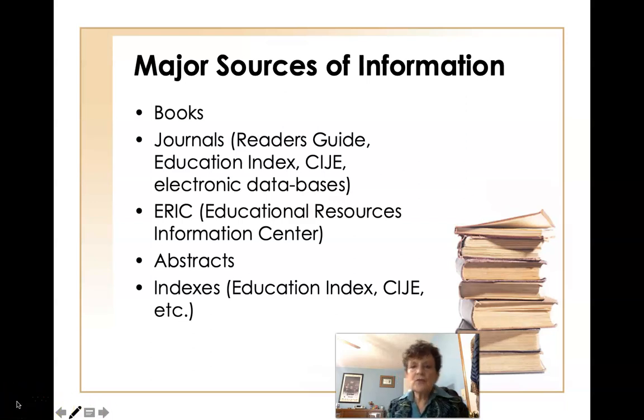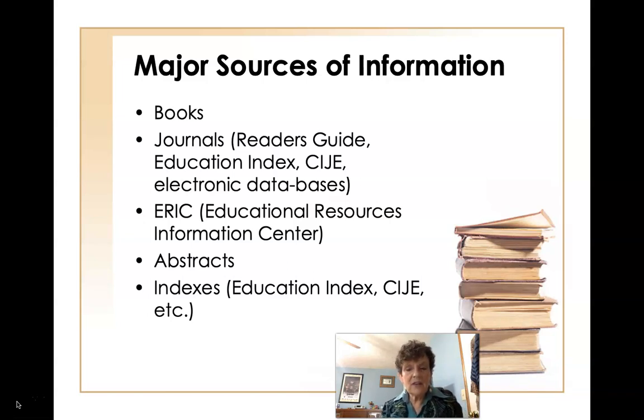So what are some major sources of getting our information? Like I said, we use journals a lot, but books are very relevant. ERIC is an excellent place. There's also another one called EBSCO. These are databases, and you can go and look up things and put some qualifiers on them so that your search isn't so wild.